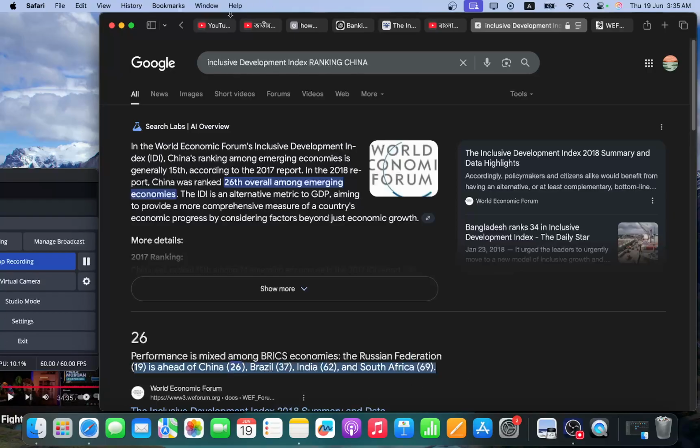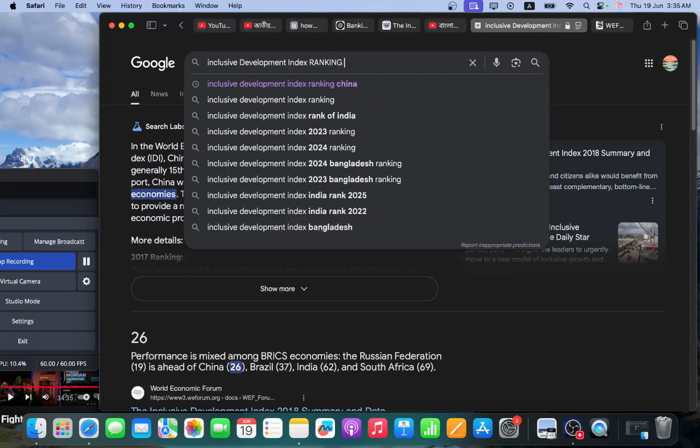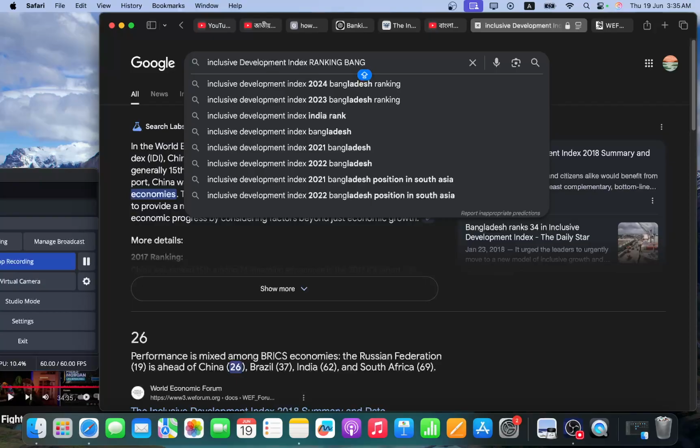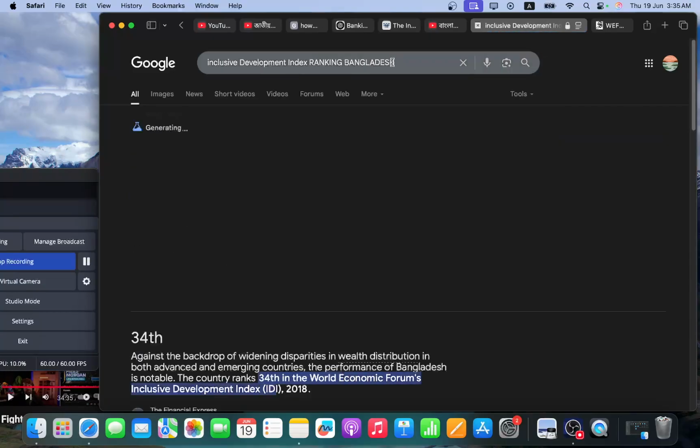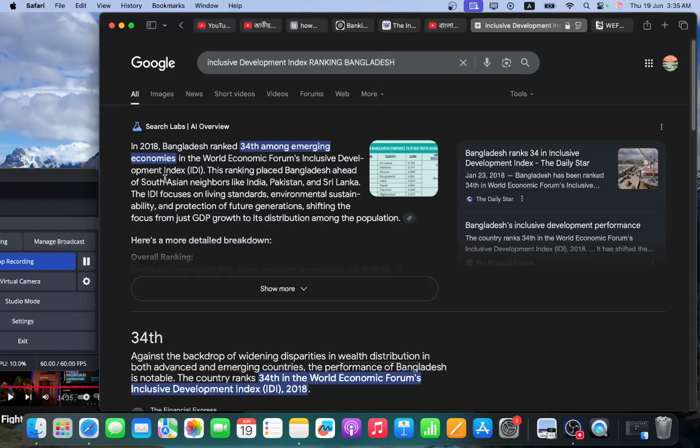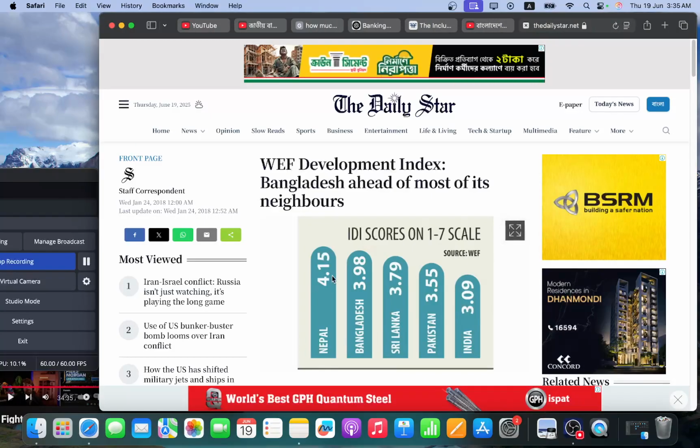Wait, what? How come Bangladesh is 34th? Bangladesh is 34th. Whoa. And it shows Nepal is closer to Bangladesh, and India is like really at the end.